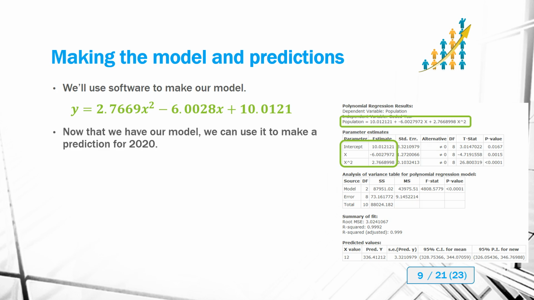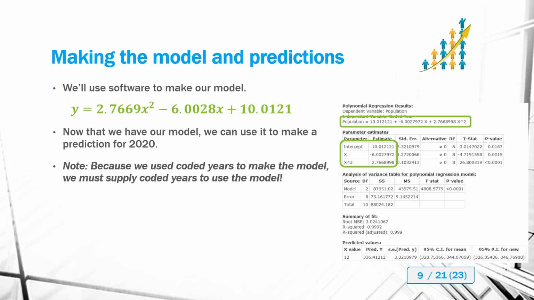So now that we have our model, we're ready to make a prediction. So we want to make a prediction for the year 2020. Now, do not put in 2020 into this model to make your prediction. You're using a coded year to make the model. That means you have to supply a coded year in order to use the model. The model is based on the data used to create it.